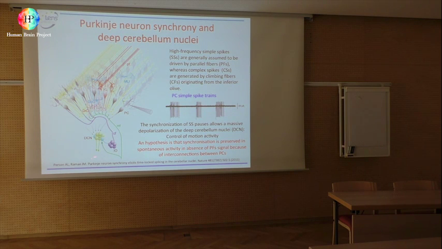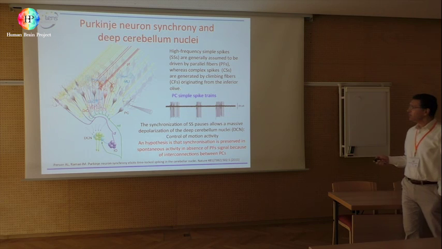They receive signals from the climbing fibers coming from the inferior olive, and they receive a signal from the parallel fibers. I showed you before an example of complex spiking induced by parallel fibers. But I could also induce complex spikings from climbing fibers, and I could also induce some simple spikings by parallel fibers.